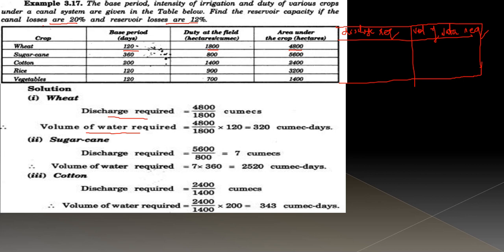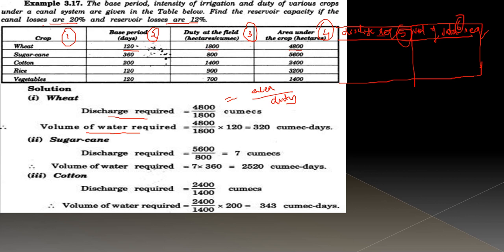So for wheat we can see discharge required. Discharge required will be equal to area by duty. Look here, if we number the columns like this, 1, 2, 3, 4, 5 and 6.